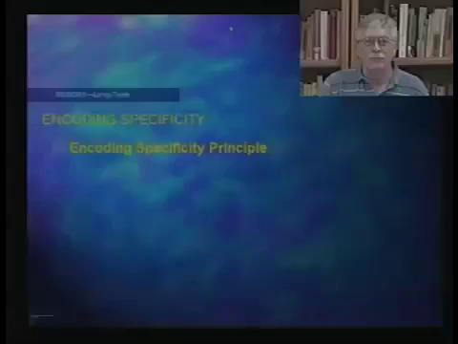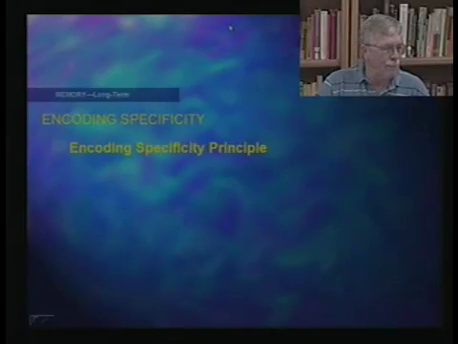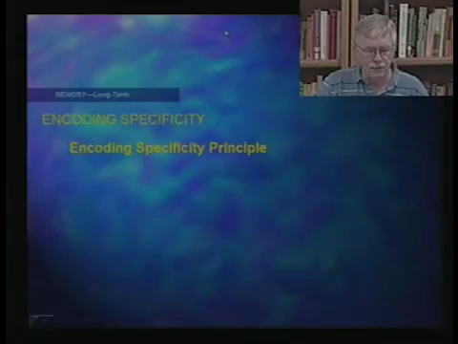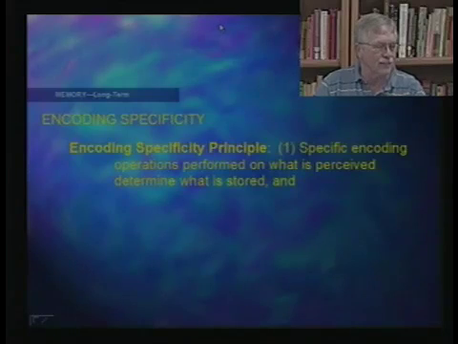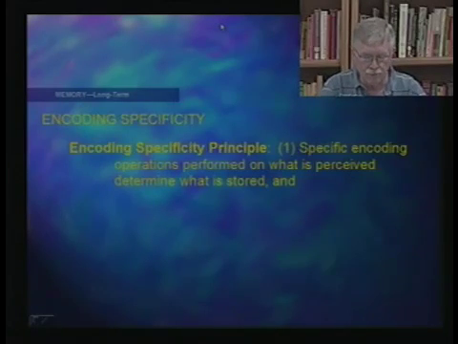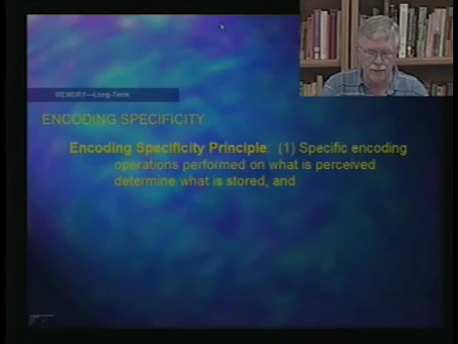And we're going to go back to the screen now and look at essentially more variations on encoding specificity. There we go. I'm going to talk about specifically what is called the encoding specificity principle here. And in essence, this is a two-part principle that really talks about two different things that are going on here.